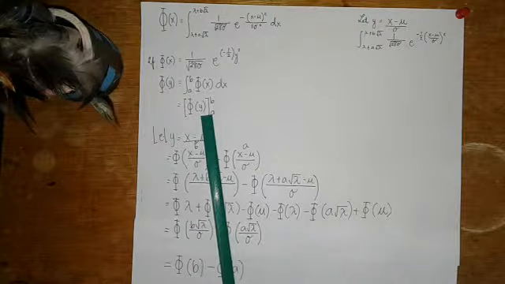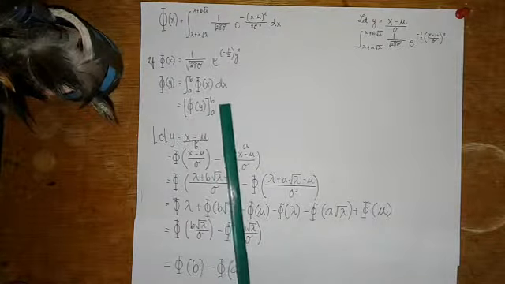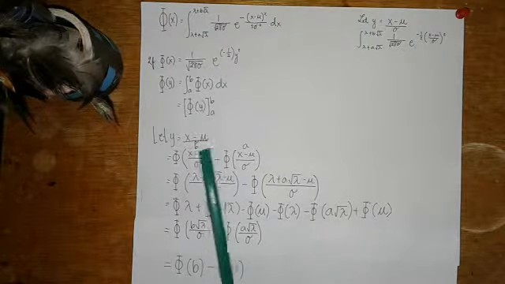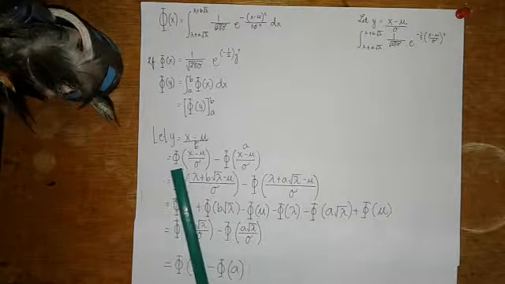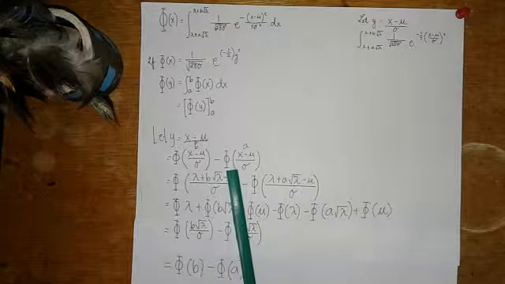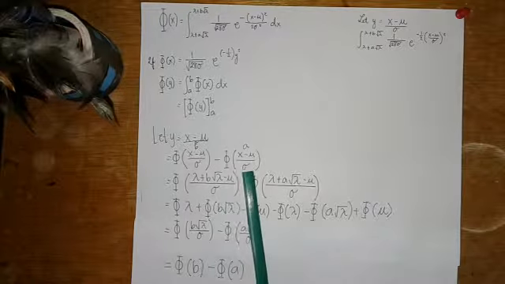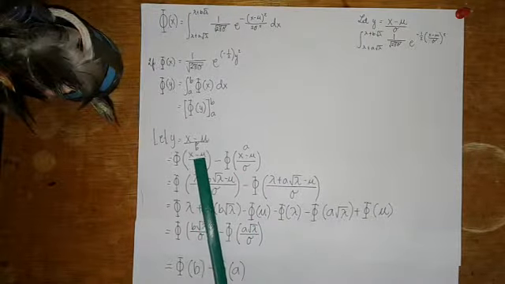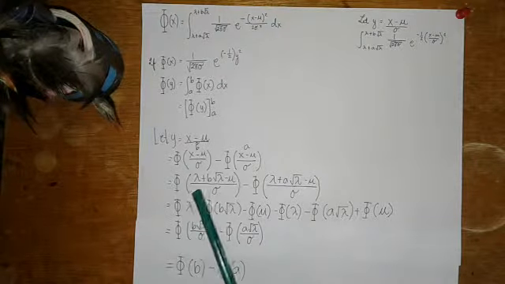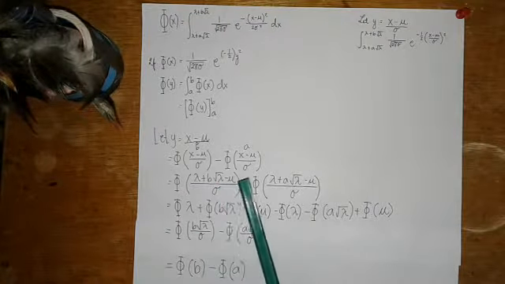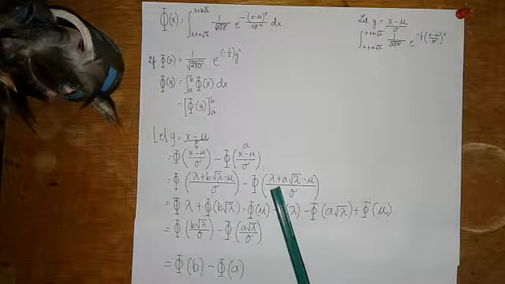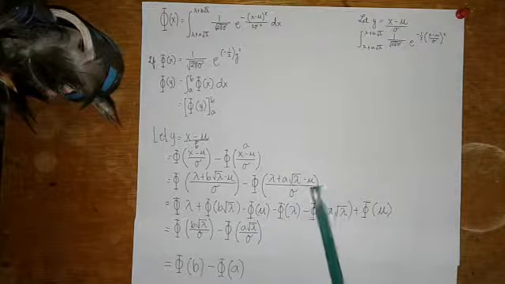So we integrate it. We have phi of y integrated from a to b. So let y is equal to (x minus mu) all over sigma. We have phi of (x minus mu over sigma) minus phi of (x minus mu over sigma). So this is our b and this is our a. We have phi of (lambda plus b square root of lambda minus mu) all over sigma minus phi of (lambda plus a square root of lambda minus mu) all over sigma.